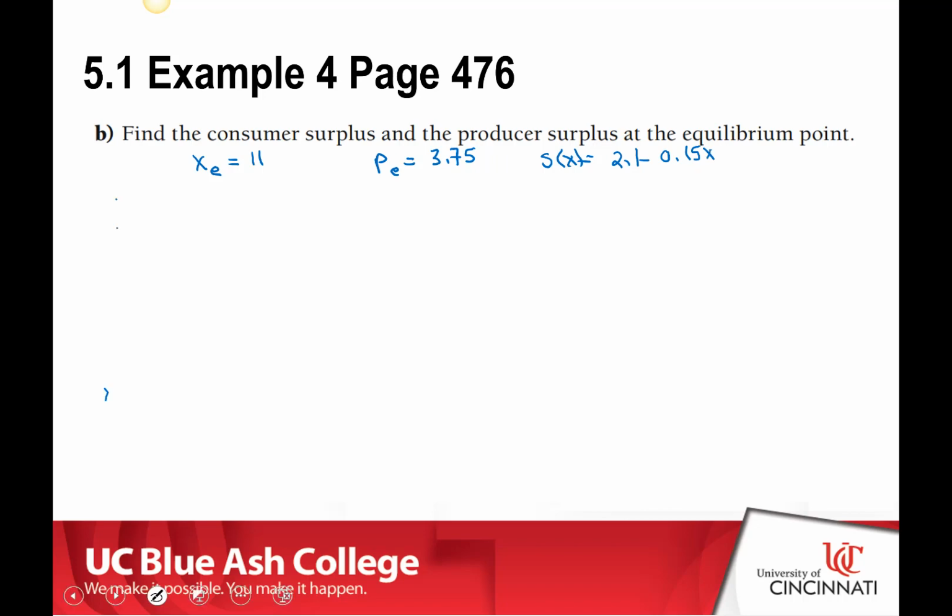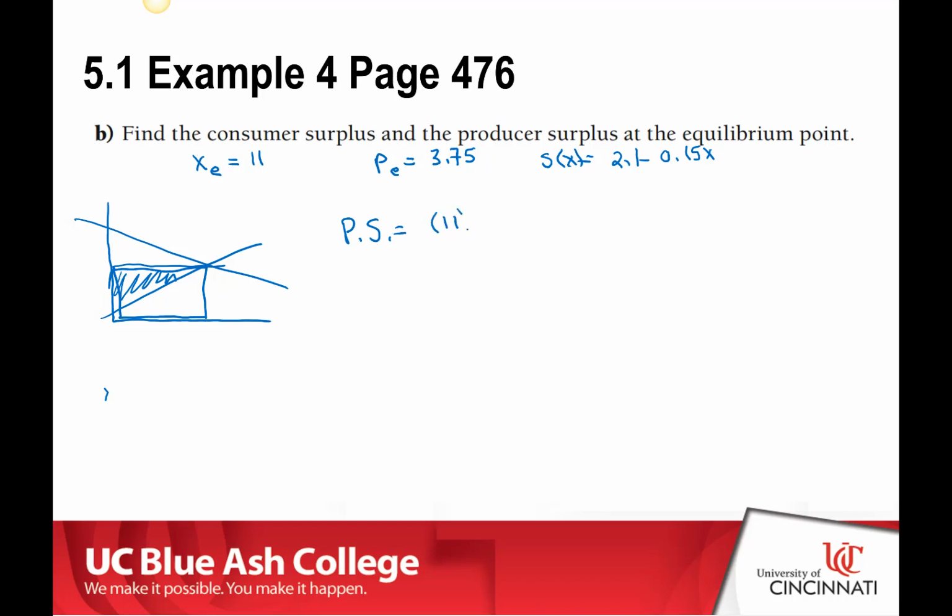Recalling that the producer surplus is this amount here, what we first want to do is compute this entire revenue. The entire revenue is going to be the equilibrium quantity times the equilibrium price.